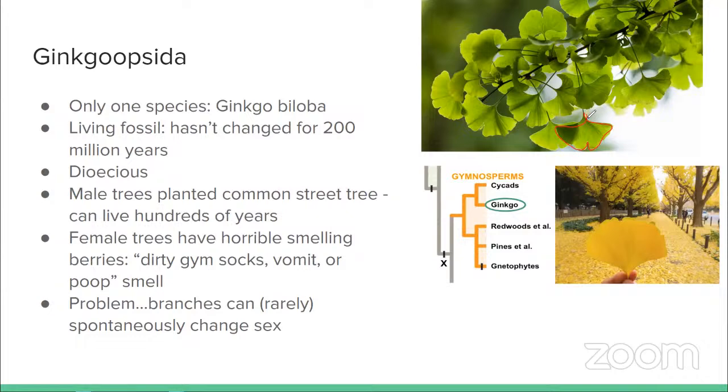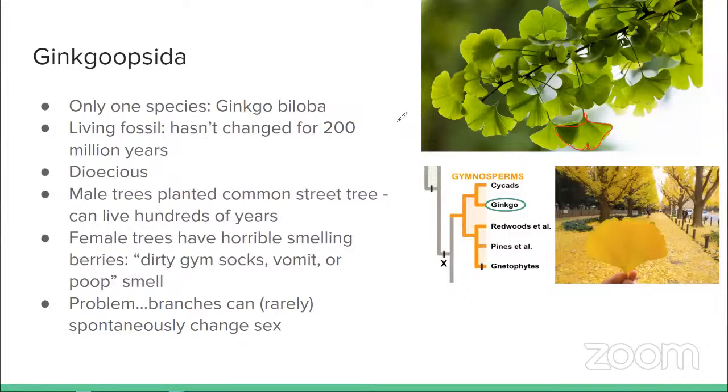So the female trees have really, really horrible smelling berries or cones. They've been described as dirty gym socks, vomit, or poop smell. And I can corroborate that. There was a female ginkgo tree around the corner from my apartment in grad school. I definitely thought I stepped in dog poop every day for a couple of weeks. But it was a female ginkgo tree.